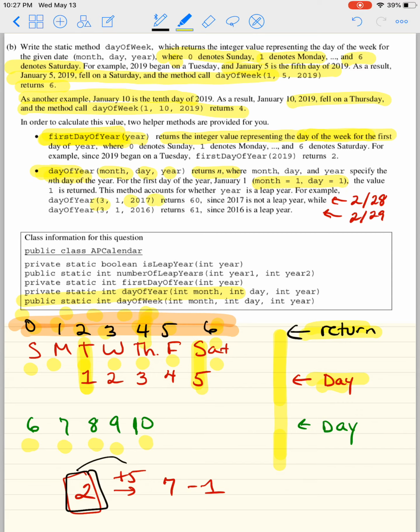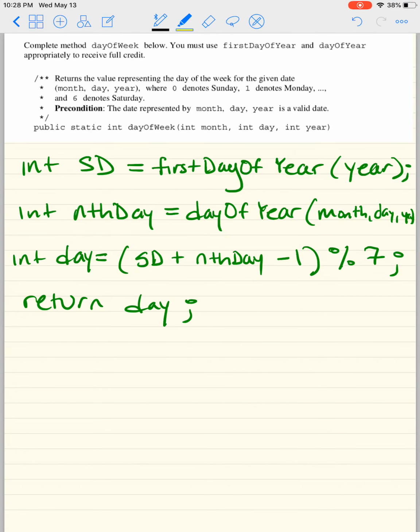For example, 3/1/2017 returned 60, because it was not a leap year, so February 28th is where it stopped. 3/1/2016 returned 61, so that adds the extra day. With that being said, here's what we're going to do to get us to return 0, 1, 2, 3, 4, 5, 6.